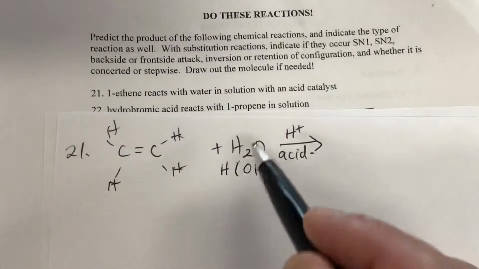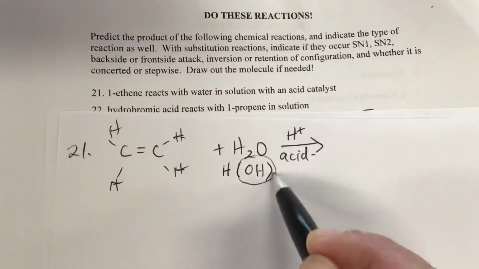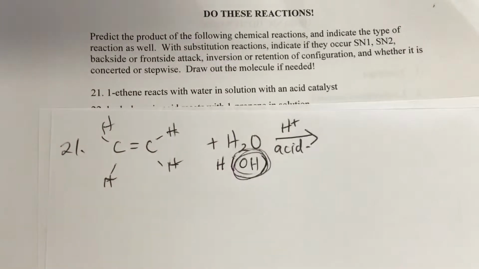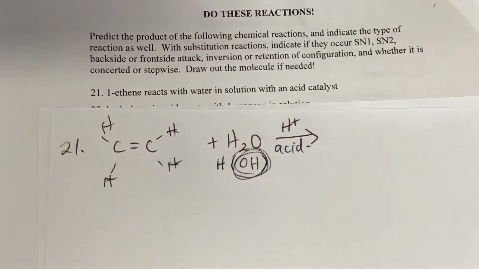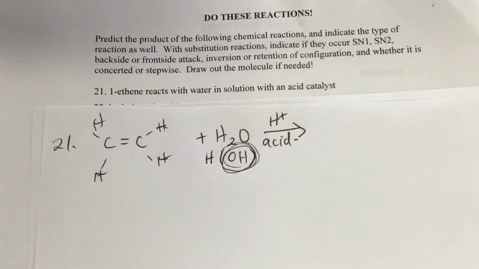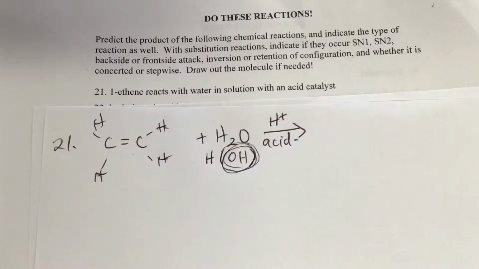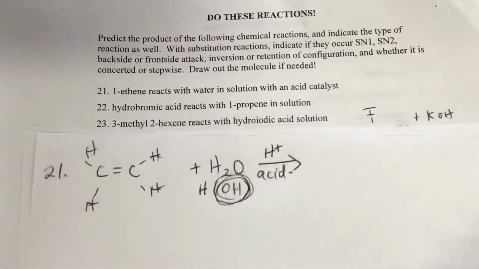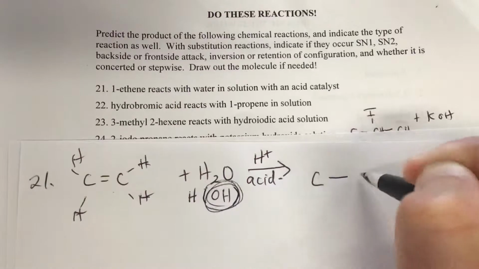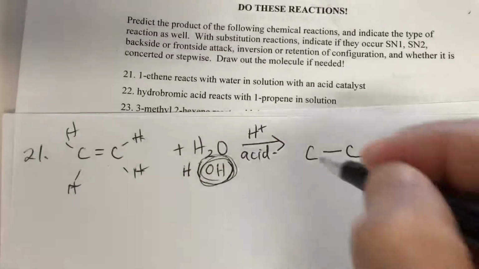So if we think about it this way, what we're actually going to do is take this OH group and bond it here. Okay? So what is that OH group? Well, it's an alcohol group. So what we're going to do here is make an alcohol. Okay? So, see, we're going to break that double bond. Okay.